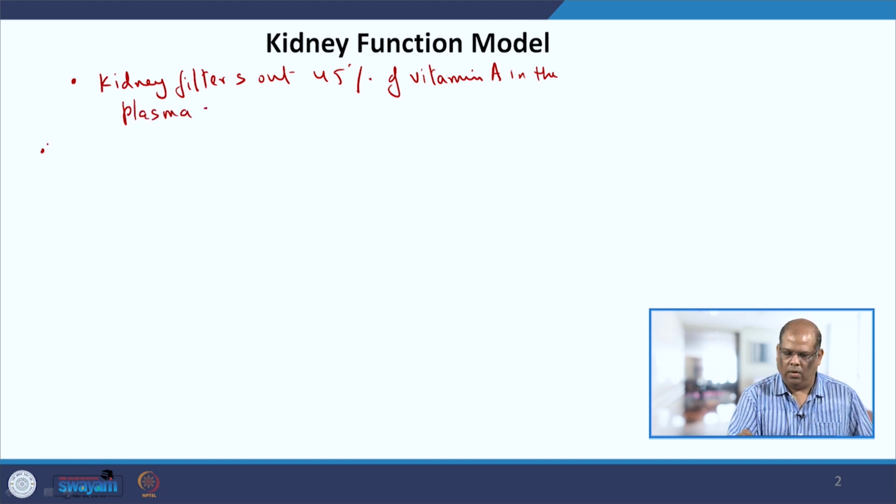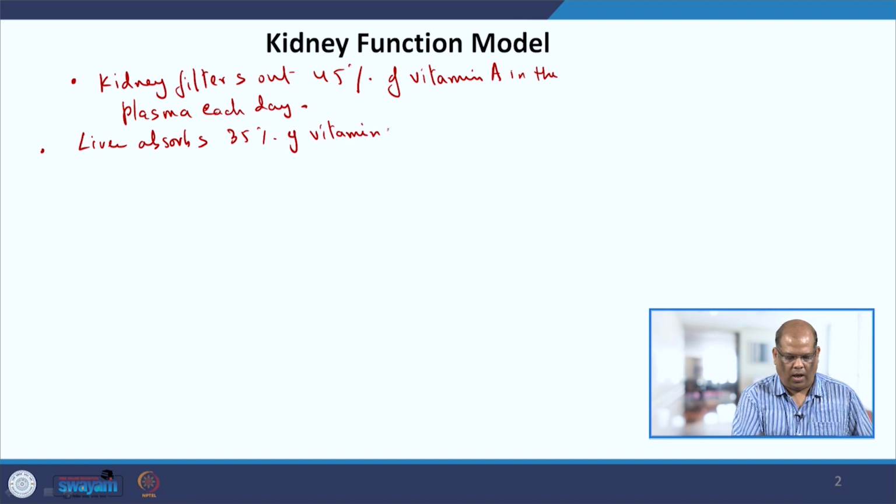Number 2, each day the liver absorbs 35% of vitamin A in the plasma each day.